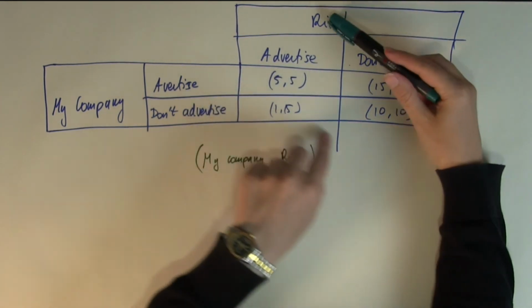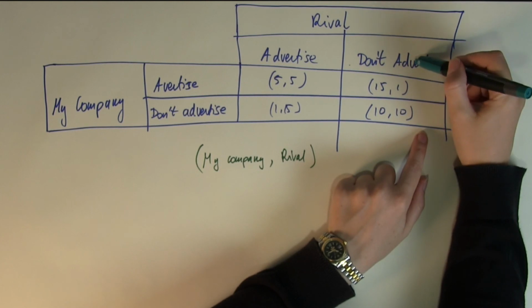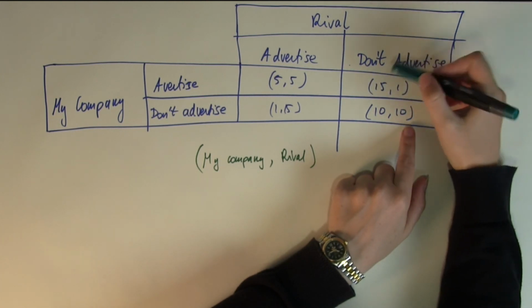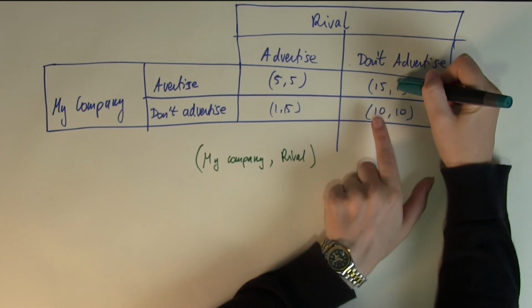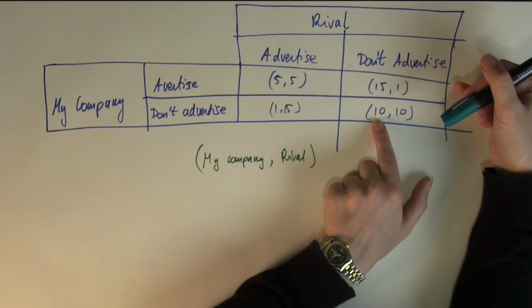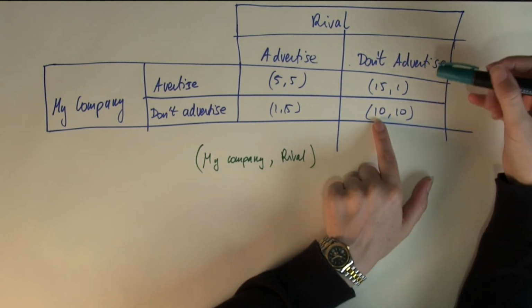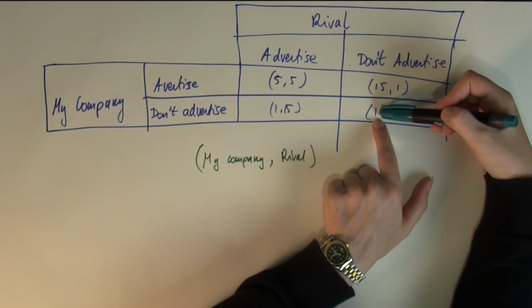Now, what happens if the rival decides not to advertise? Well, there are two scenarios here again. Either I'm earning 15 and they're earning 1, or we both earn 10. Just like in my case, which we went through previously, I'm not going to choose not to advertise, because if I don't advertise, I would only earn 10 million.